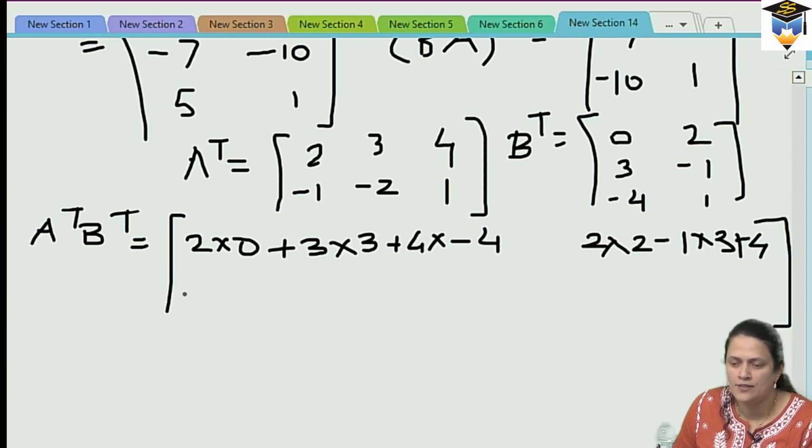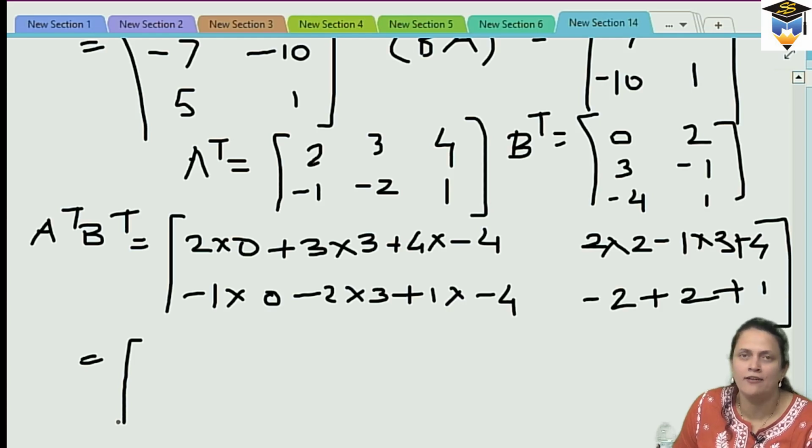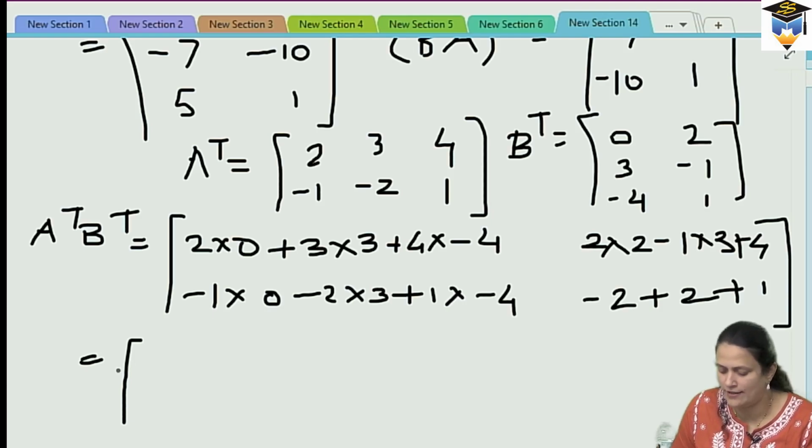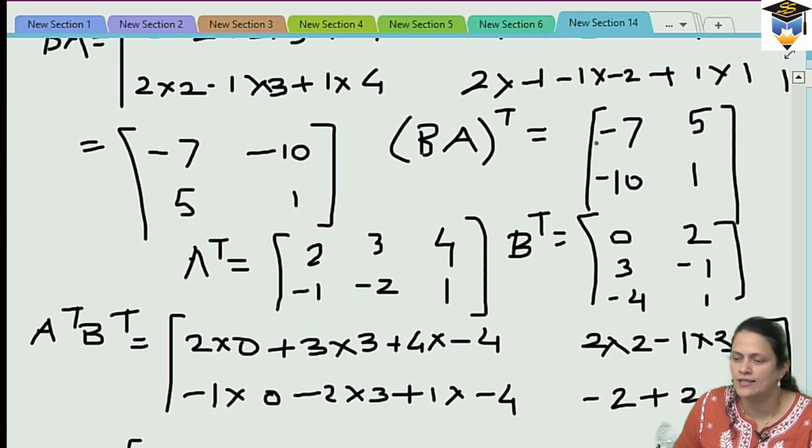Then second row first column, and second row second column. So minus 2 plus 2 plus 1. So 2 into 0 is 0, 3 3s are 9. 9 and minus 16 is minus 7. I think here also it is minus 7 itself, right? Yeah. See this one.